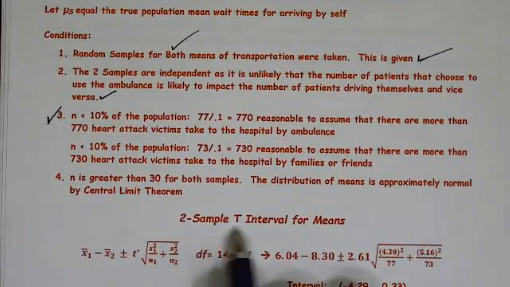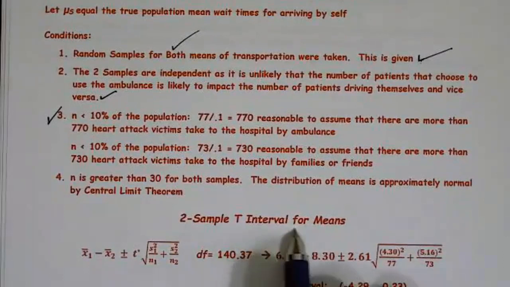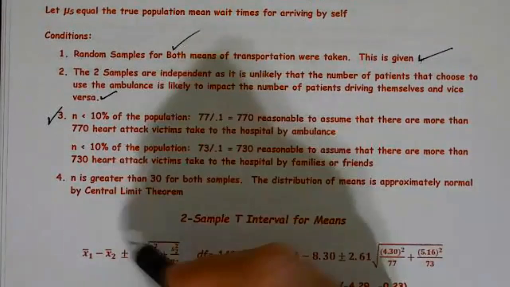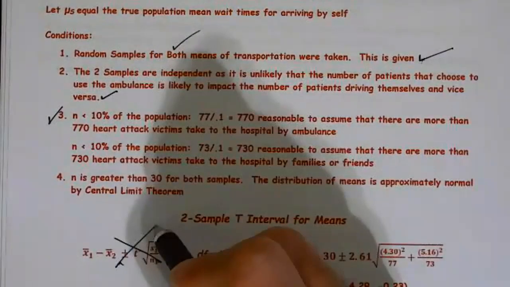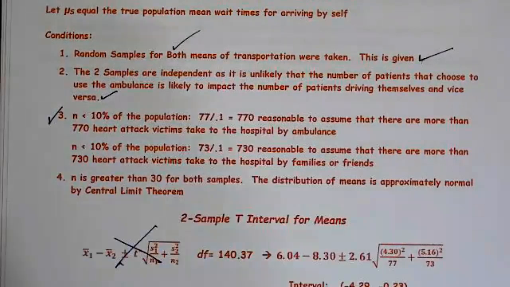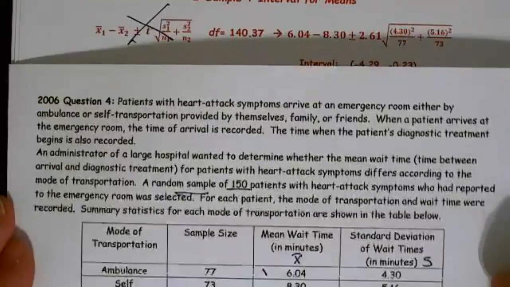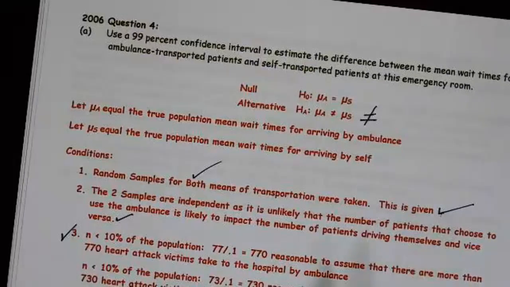So then I name my test. What am I running? Two sample T interval for means, or two sample T confidence interval if you prefer. Here's my formula that I'm going to go ahead and cross out, but I use that to plug in my values. So what values am I plugging in? Not going to quite fit, so let me see if I can make an adjustment here.